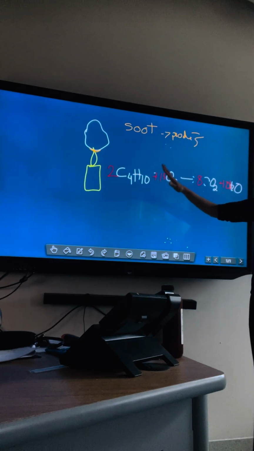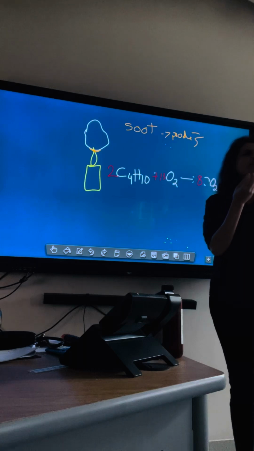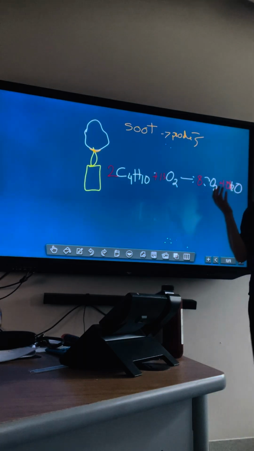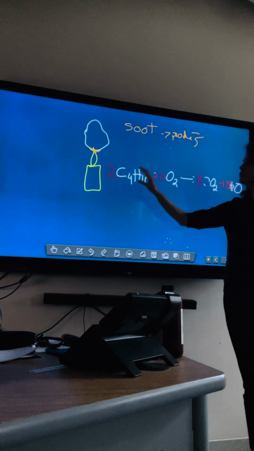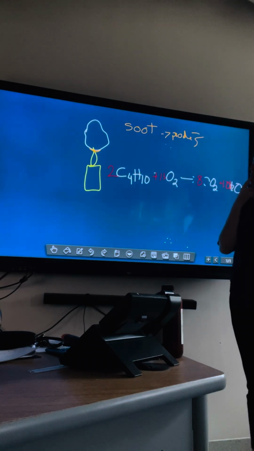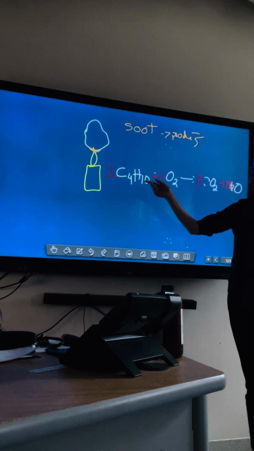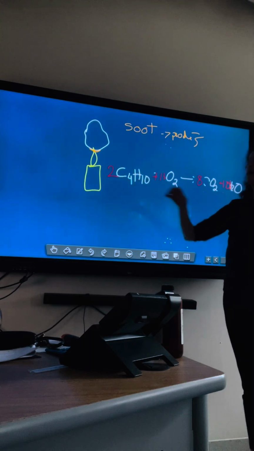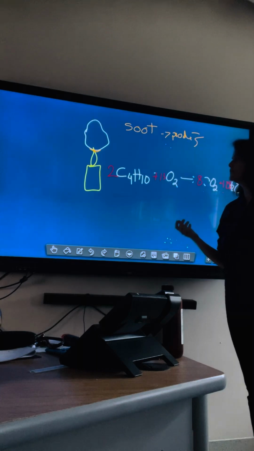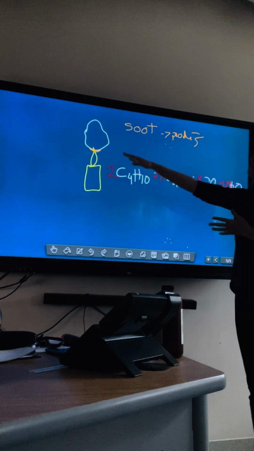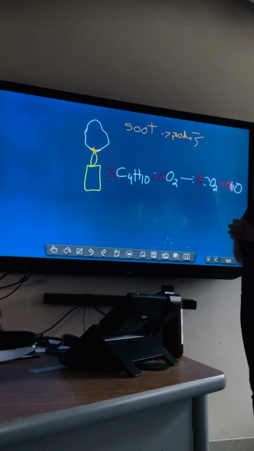So you're going to have the products of incomplete combustion. Does it smell like burn? Yeah, you are burning a whole bunch of stuff that is in there. There are other things in there because your butane is not just butane. Well, actually the butane is just butane. But if you have the candle, for example, you're going to have other things in there that may be forming a part of that soot.